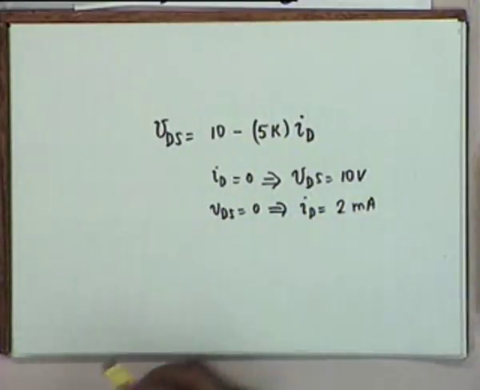Sir? Yes. In this case, while using the total ID and the total VDS, shouldn't it just be the DC parts? Yes, since we are considering only the DC circuit, we are not considering the presence of a signal. We use the capital letter symbols, but you can use the small letters also with the total.